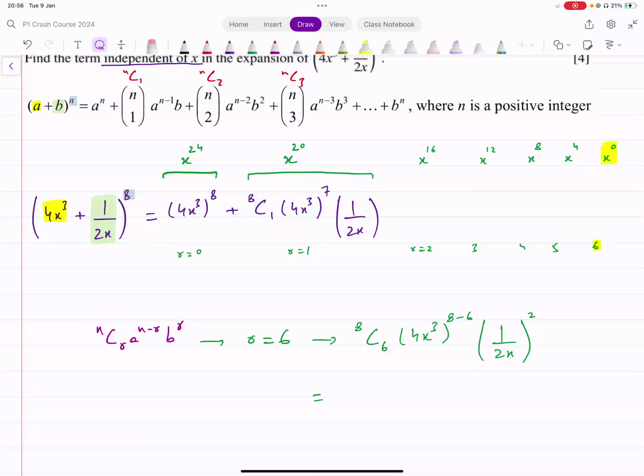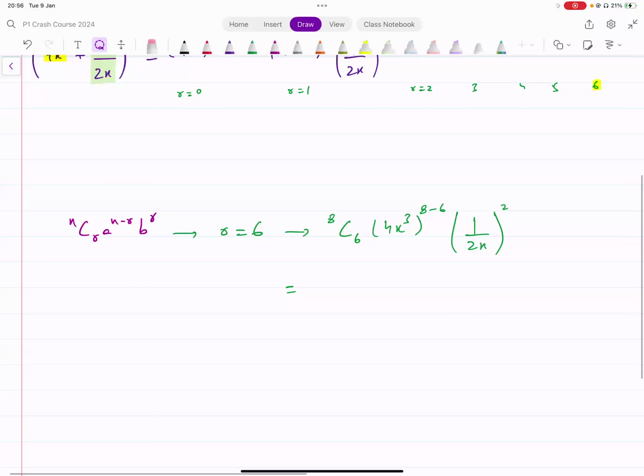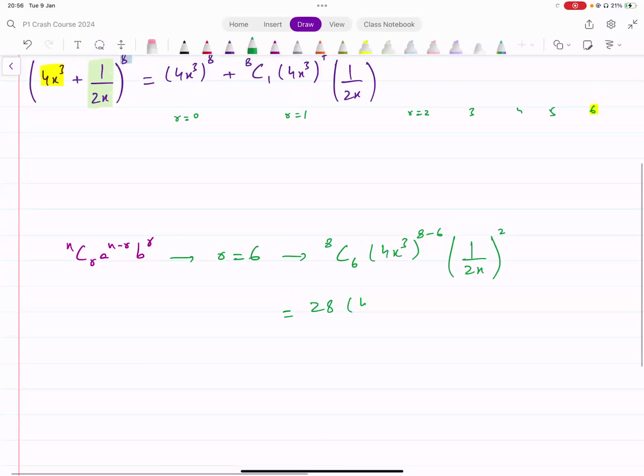What's 8C6? Can somebody tell me what the value of 8C6 is? 28.